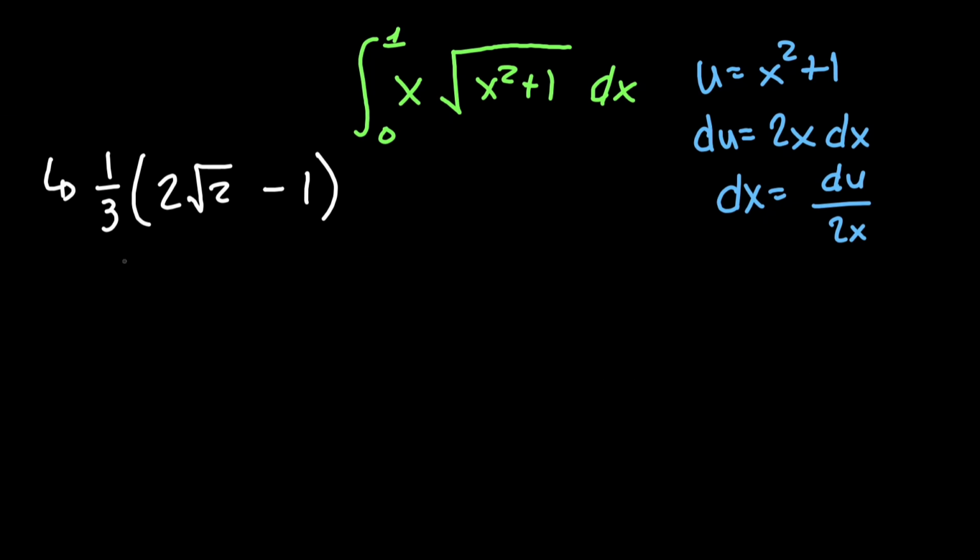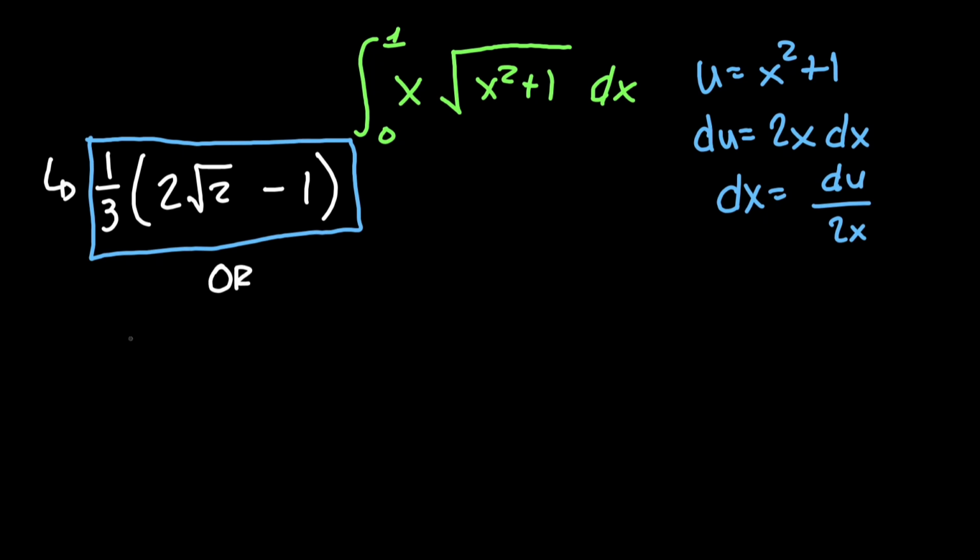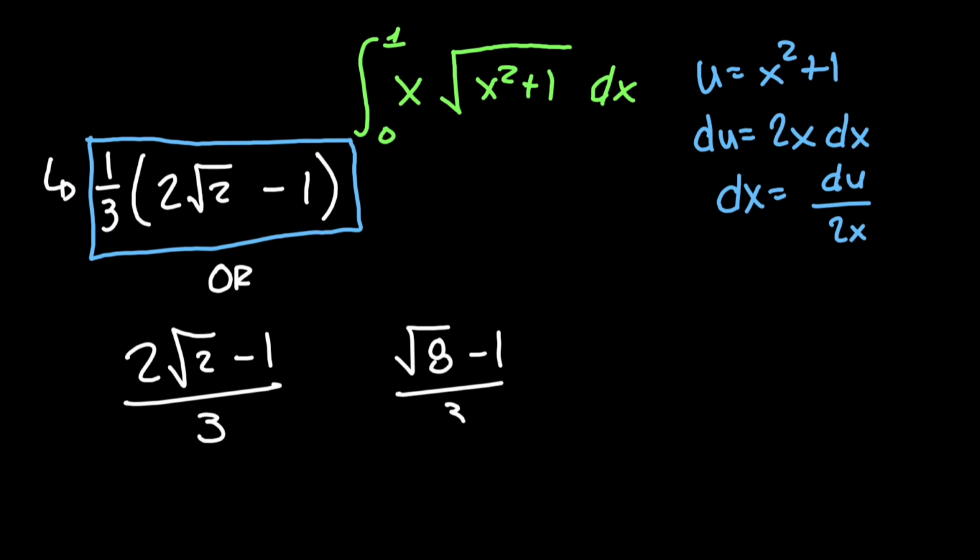And so, this can either be your answer, or if you want, you can write it like this: 2 multiplied by the square root of 2 minus 1, over 3. Or if you want to put this into your calculator, it would be the square root of 8 minus 1, over 3.